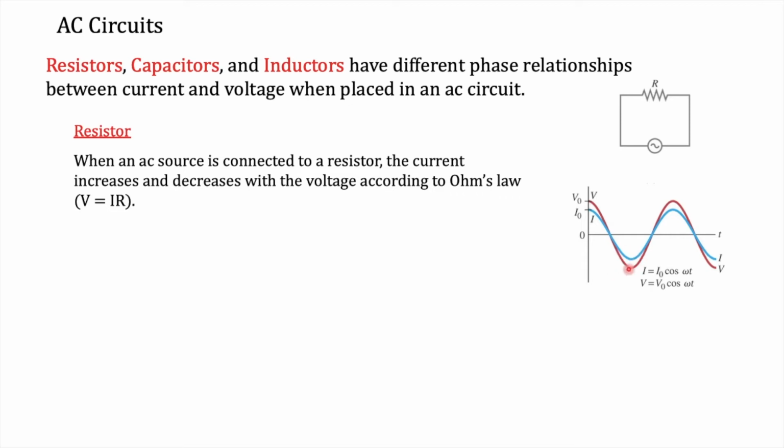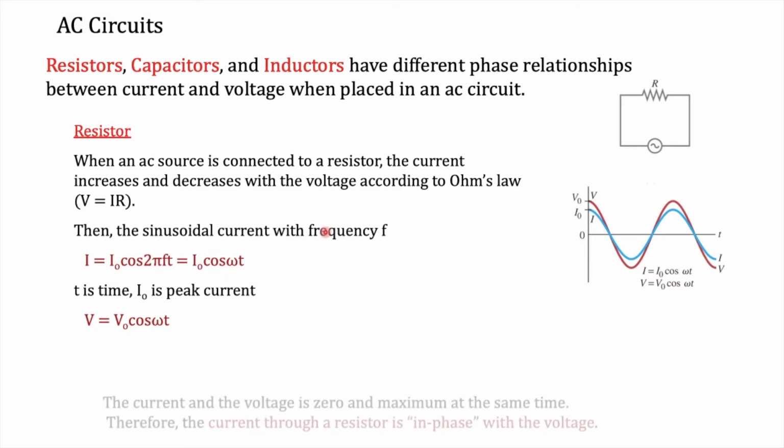Here is the negative maximum, goes to zero, and again maximum, hence it's called oscillating current. For this lab, we will put three different elements: the resistor, inductor, and capacitor in series to alternating current, and we'll see how they all behave.